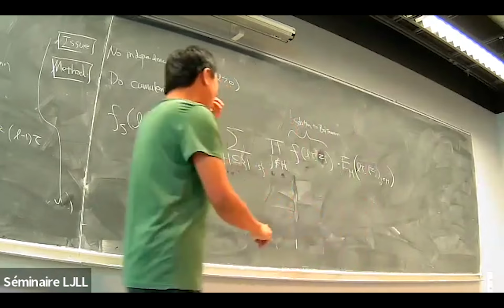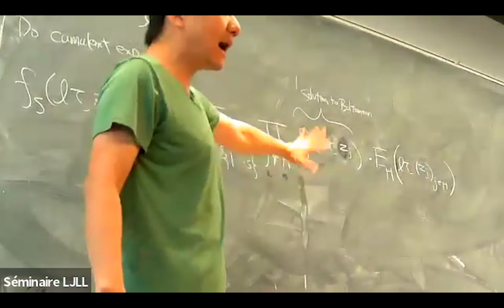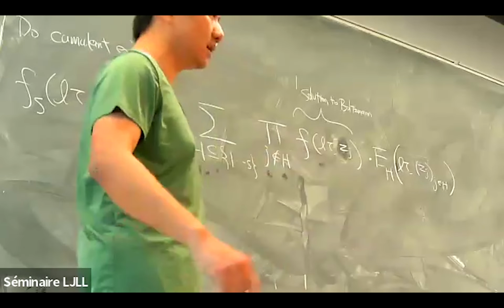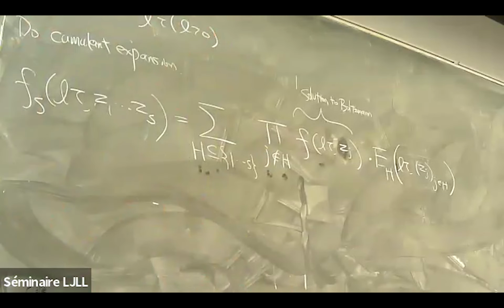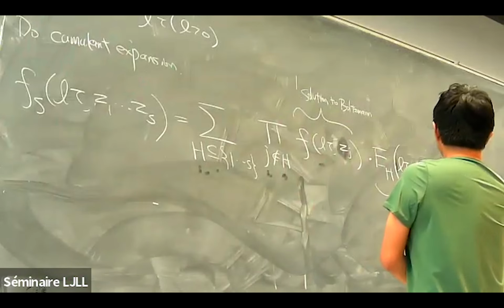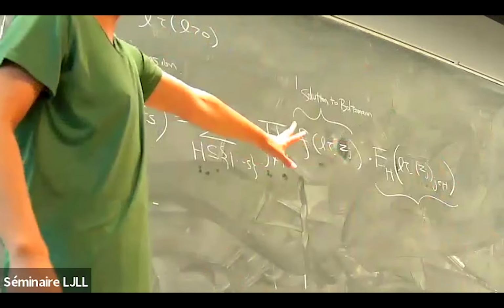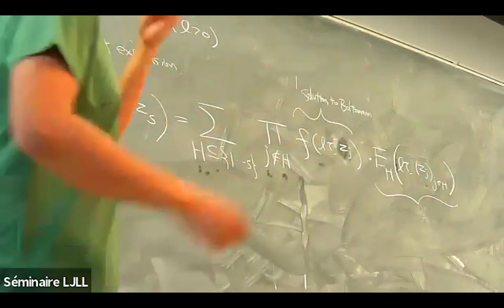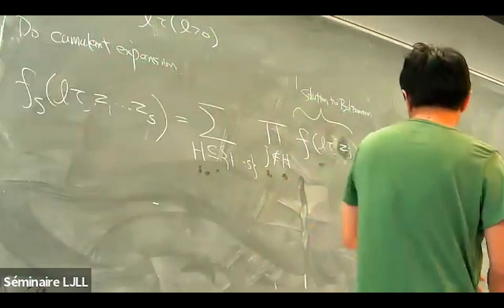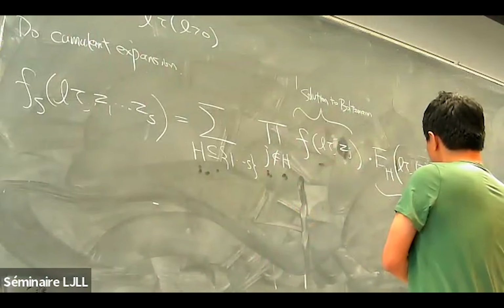So this is factorized, which means that the particles not in H are independent of each other and independent of those particles in H. The index J is from 1 to S, not in H. And this function depends on all these Z_J mixed, so the particles in H are not independent of each other. They are very dependent on each other. And this term is going to be the cumulant.